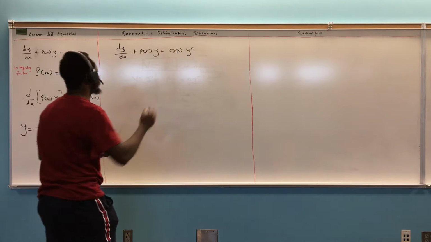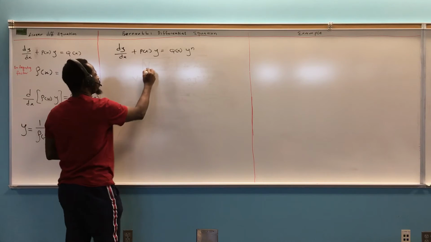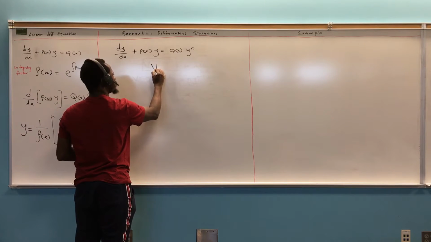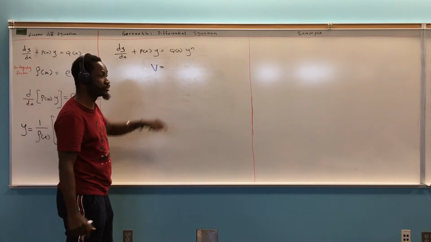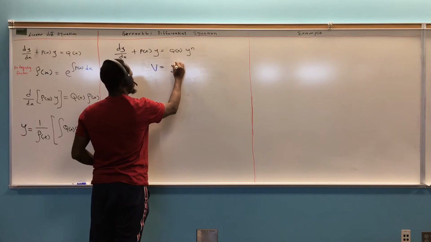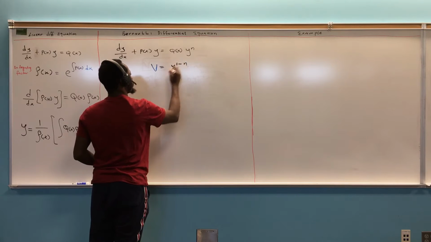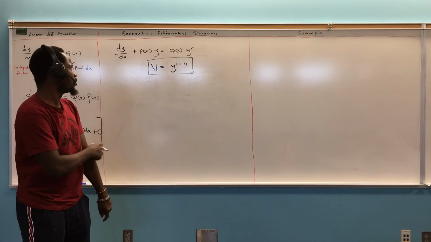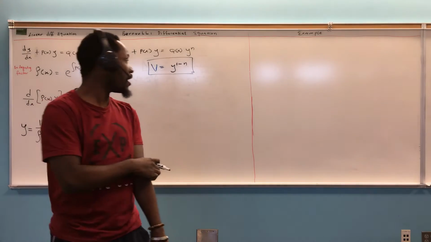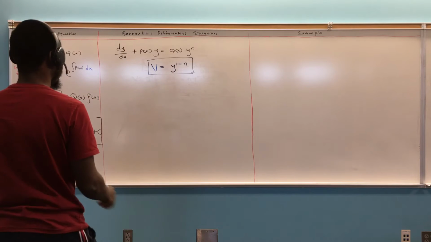Now, the key to solving this equation is to use a substitution: v is equal to y to the power of 1 minus n.